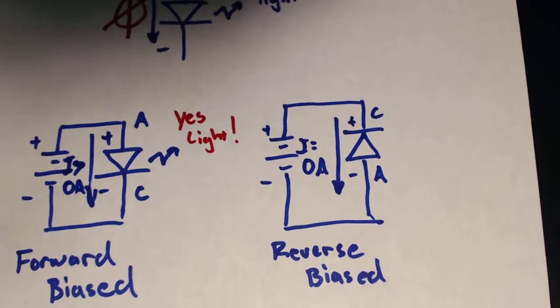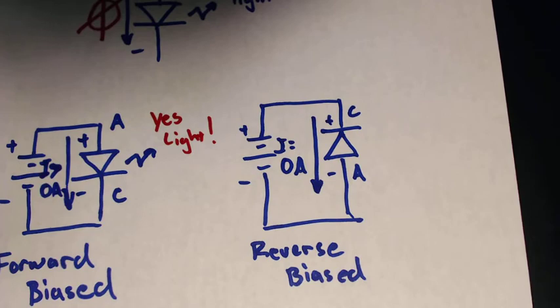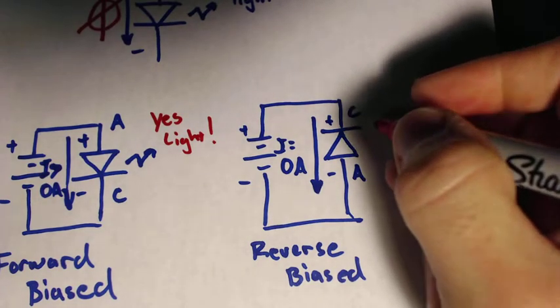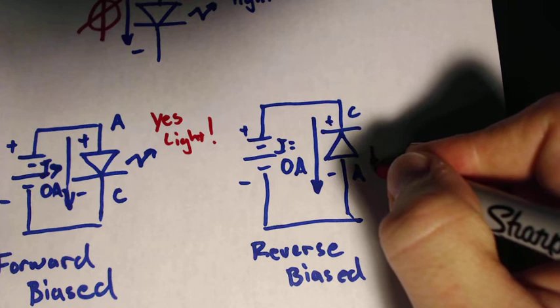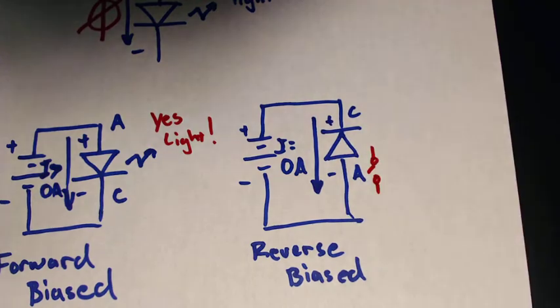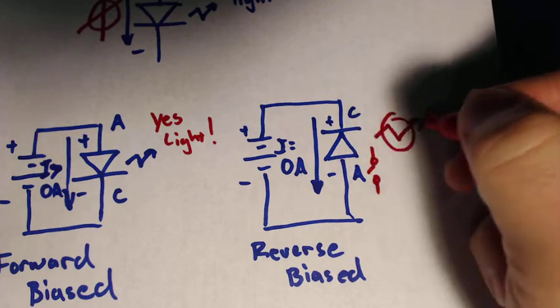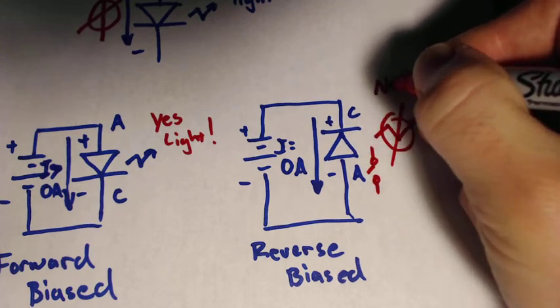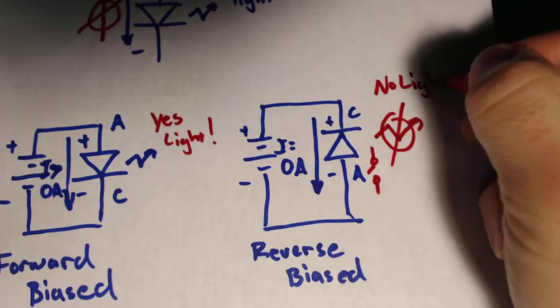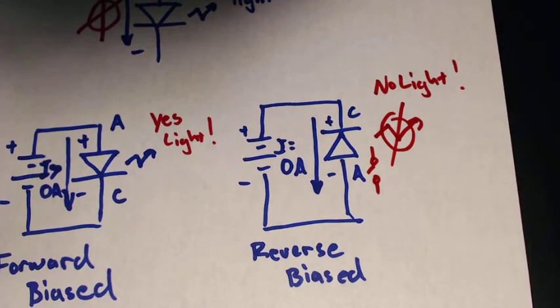Now, when we're reverse biased, obviously this is behaving like an open switch to a first approximation, and we get no light coming off of that.